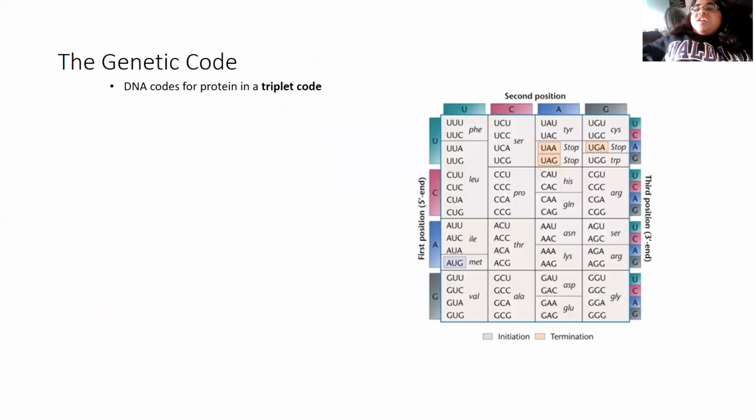So this is what I was talking about with the genetic code. The genetic DNA codes for protein in a triplet code. It is always read through 5' to 3'. It's non-overlapping and contiguous.